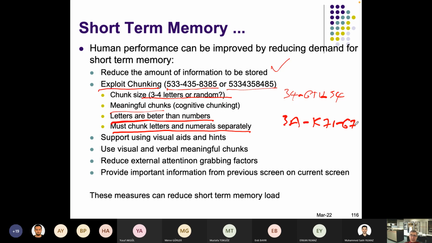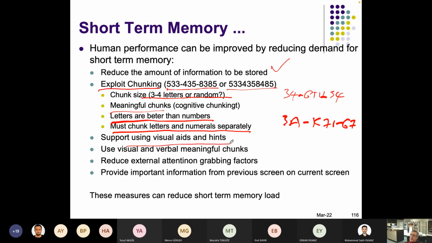So that is different. That is difficult. Unless you are trying to make people not remember, and sometimes you want to do that, you can mix.